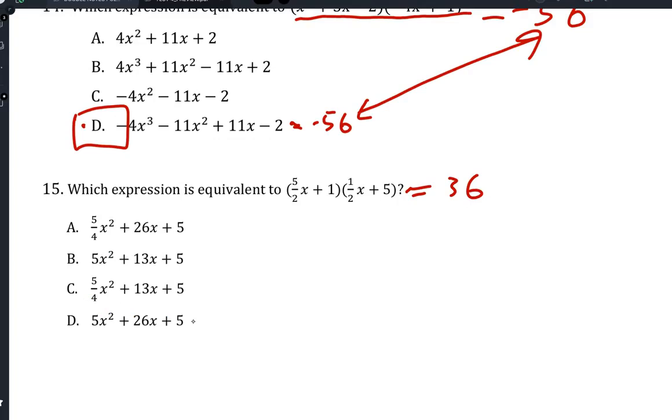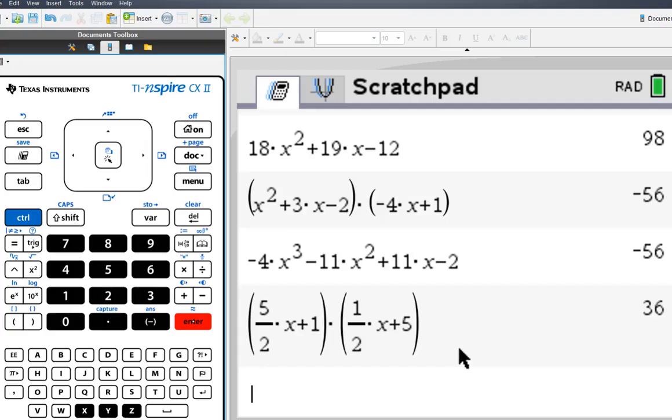So 5 over 2 times 1 over 2 is 5/4. These two could work. And then 5, and then we need one of these. Let's see, this is going to be 1/2, and this is going to be 12.5. It's going to be a plus 13. So let's try C. Choice C is 5 over 4x squared.